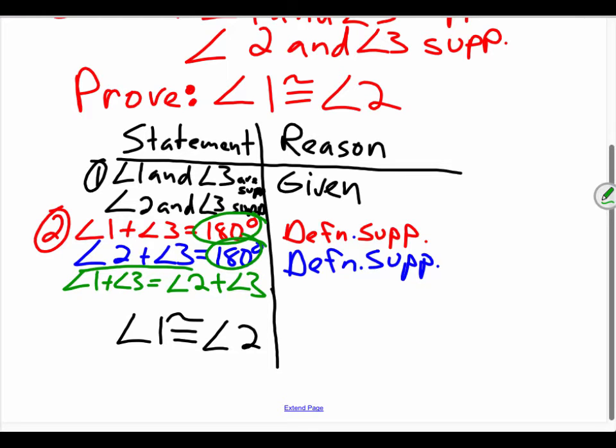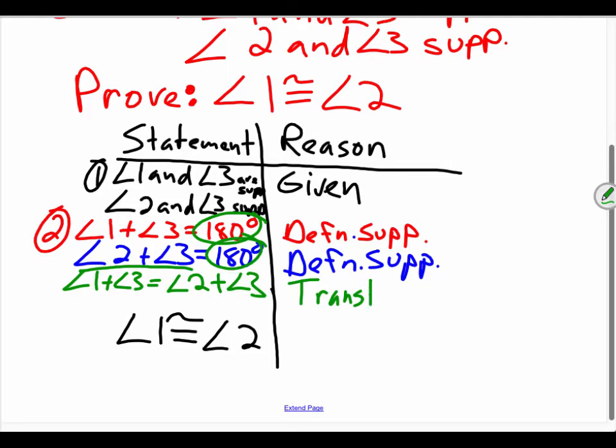That would be what property? Yeah, substitution is kind of what we like to think of it, but what's a little more formal, fancy word? That's the transitive property, right? That's the transitive property.